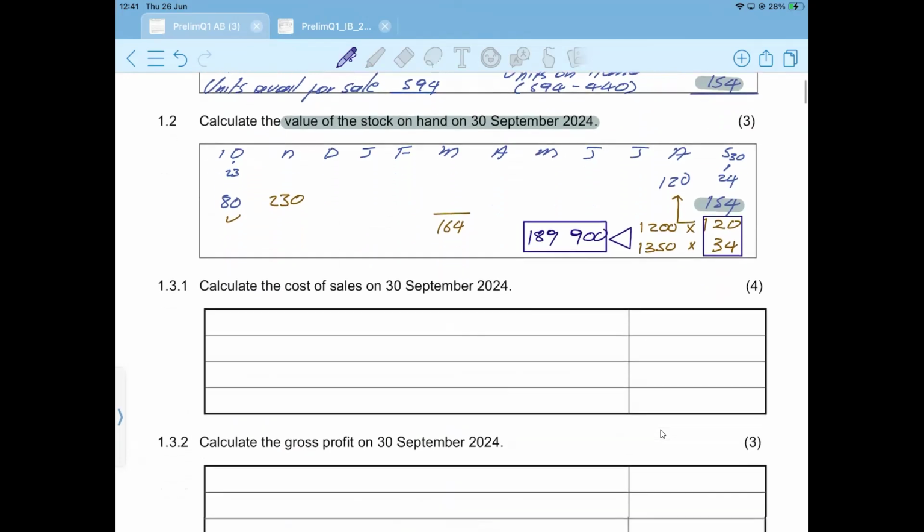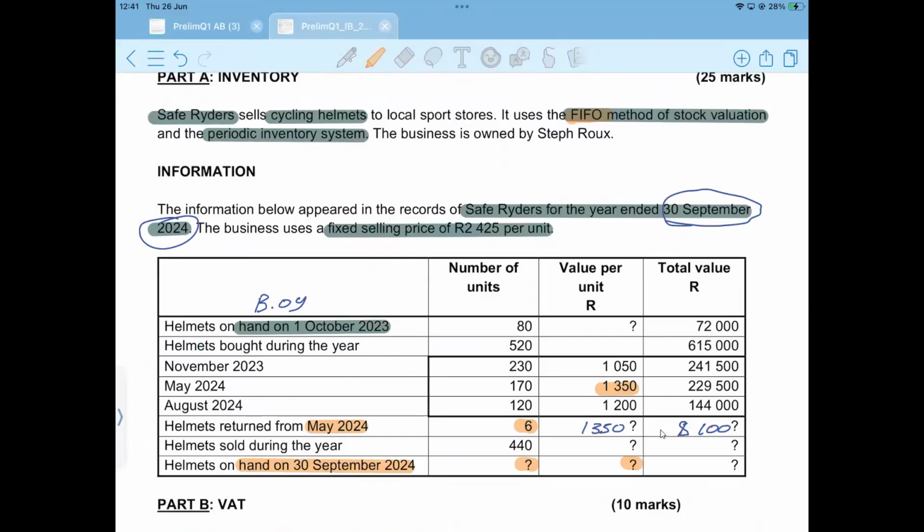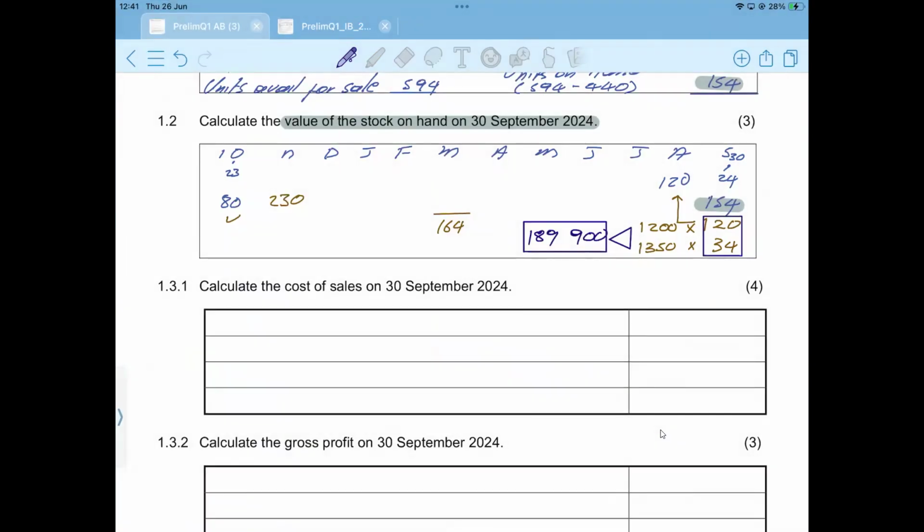For 1.3.1, they want us to calculate cost of sales. So to calculate cost of sales here, because they said we are using the periodic inventory system, the formula for calculating cost of sales is balance at the beginning of the year, which was 72,000. You focus on the rand values.